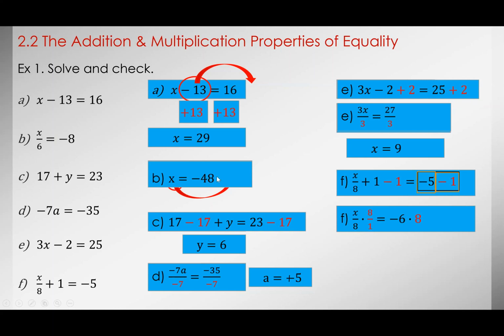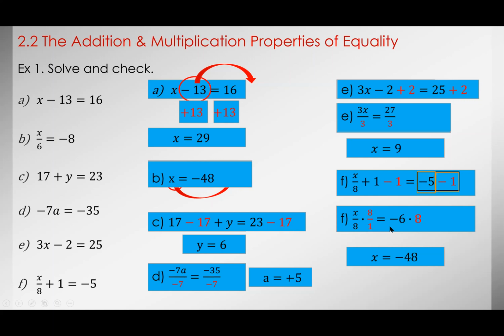It's the same answer. The 8 and 8 cancel out, and -6 times 8 is equal to -48, which is the same answer as in B. It's just that the 8 and the -6 swap.